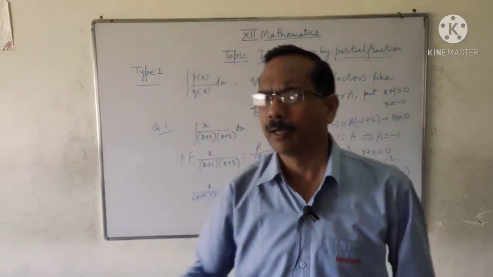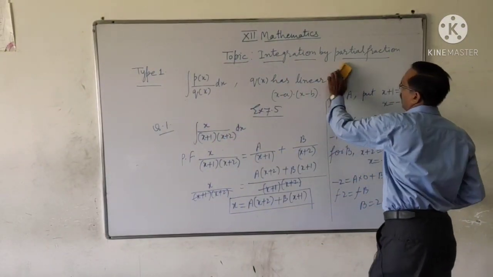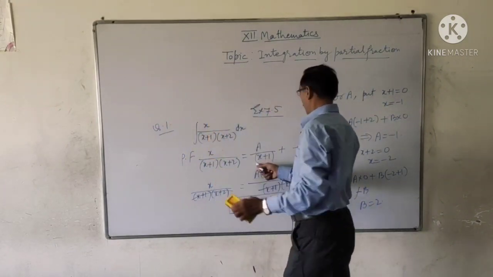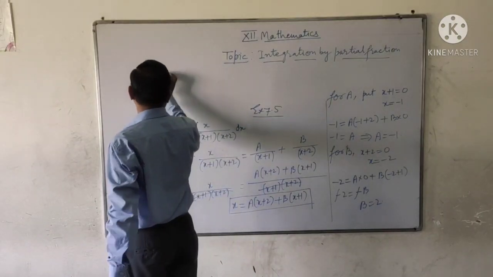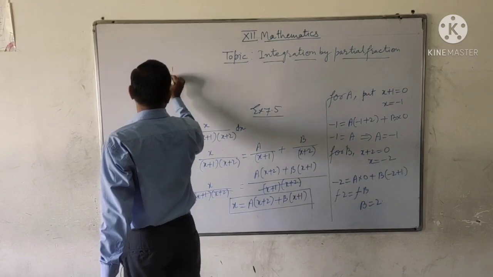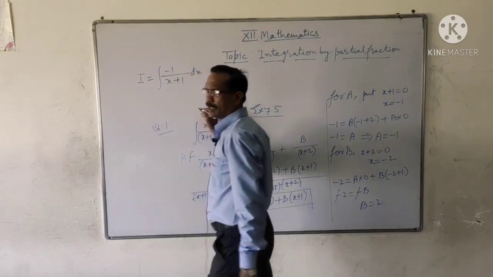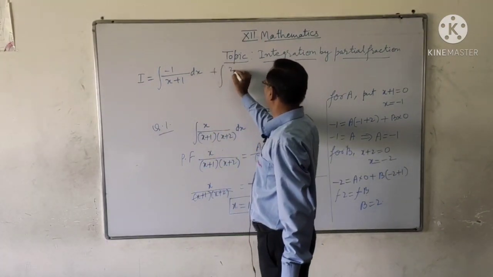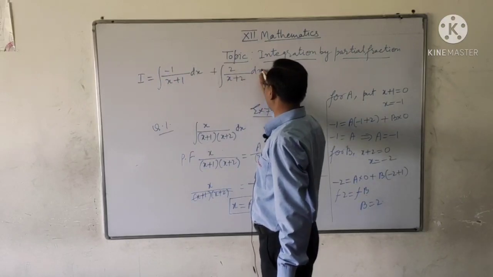Now we will put the value of a and b here. So the integration I equal to a is minus 1, so integration of minus 1 upon x plus 1 dx, plus b is 2, so it is 2 upon x plus 2 dx.